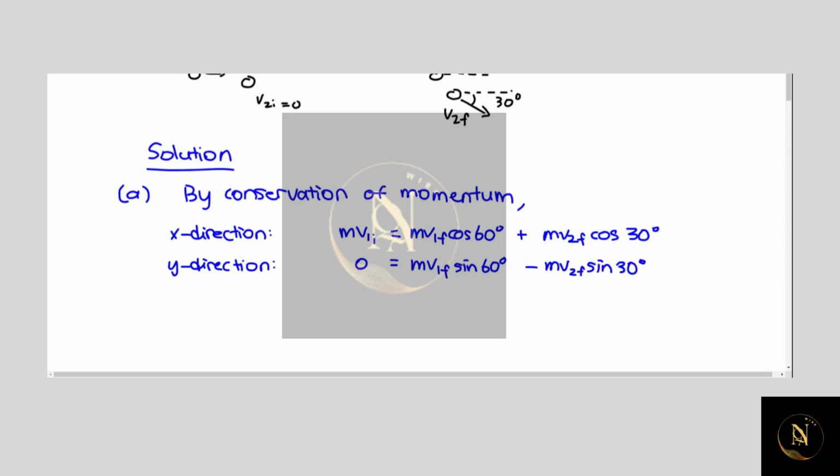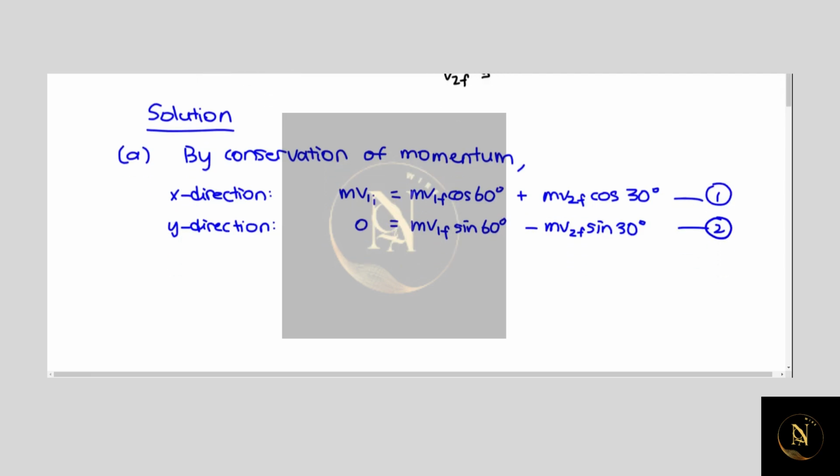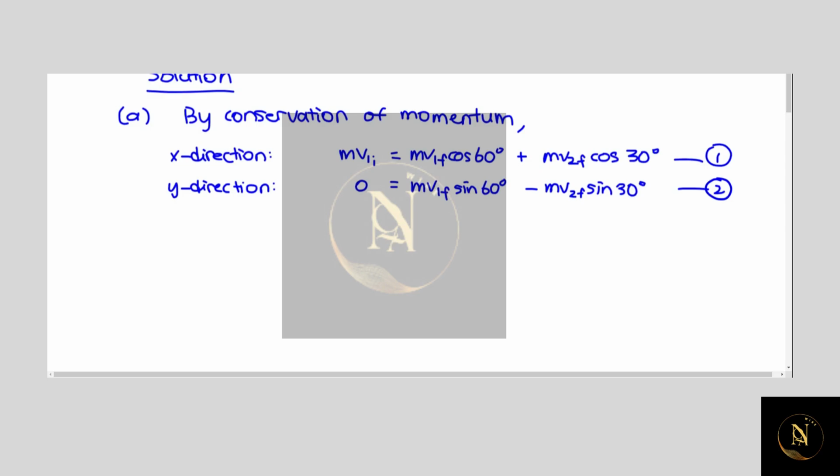So we have two equations. From 1, we have v1i is equal to half v1f plus root 3 over 2 v2f, and v1i is 500.